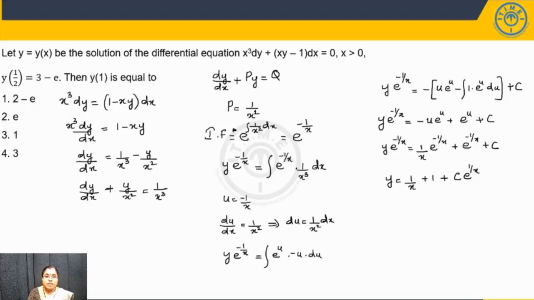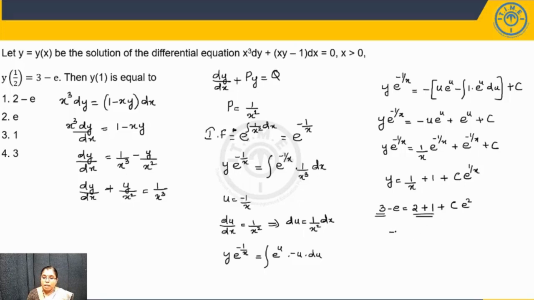Now we are given that y of half is 3 minus e. So instead of x, if we put half, we'll get 3 minus e. So let's write 3 minus e equal to 1 by 1 by 2, which is 2, plus 1 plus c e square, because 1 by 1 by 2 is 2. So now this 3 and 2 plus 1, 3 cancels.